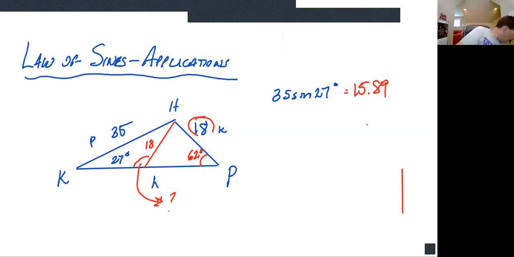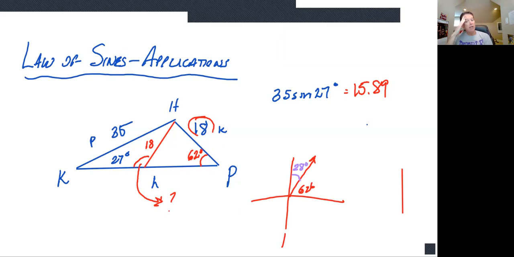So the way we do that is you have to kind of outsmart your calculator. So we know that a 62-degree angle looks like that, 62 degrees here. And that means that there's a 28-degree angle there between it and the y-axis. Agreed?